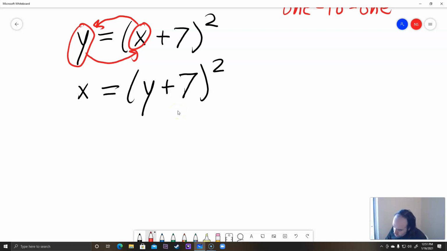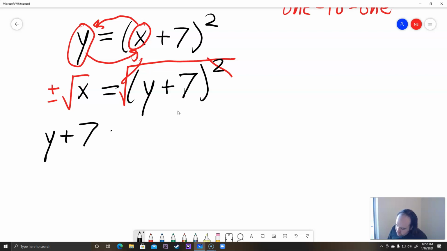So if I take the square root of both sides, then I end up having to put a plus minus in front of the root x. Okay, and then on the right side, the square root and the square are going to cancel out. So we get y + 7 equals plus minus square root of x.